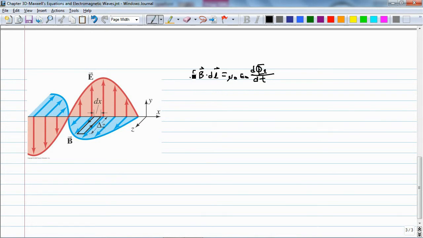And for this line integral, I'm going to have what looks very similar here, except I'm going to be going along this line. So I'm going to have B delta z cosine of 0 degrees, and that's for this part up here.